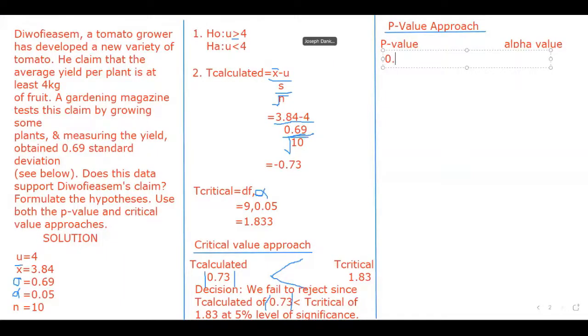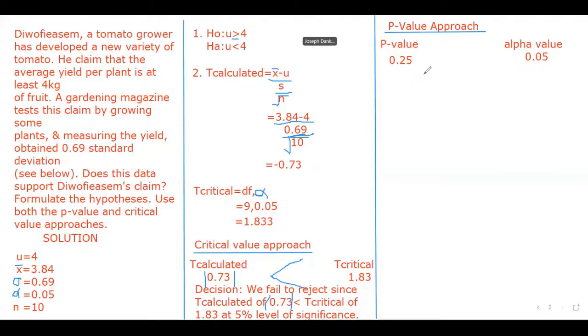And what is the decision rule for p-value? With the decision rule for p-value, if the p-value is less than the alpha value, we reject H0.